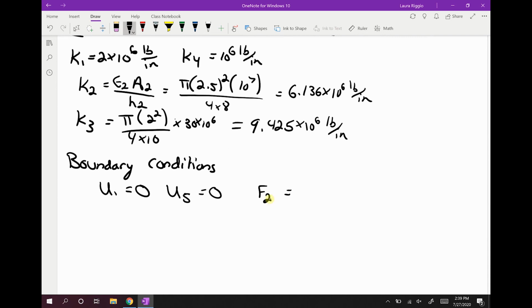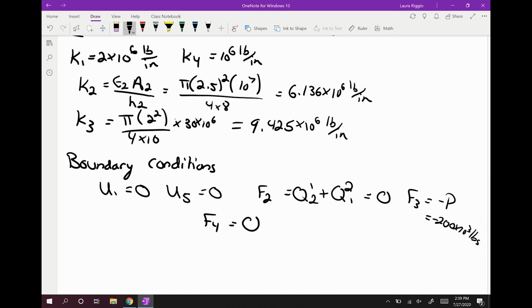F2, which is equal to Q12 plus Q21, is equal to 0. F3 is equal to minus P, which is minus 200 times 10 to the 3 pounds. And F4 is equal to Q32 plus Q41, which is equal to 0.